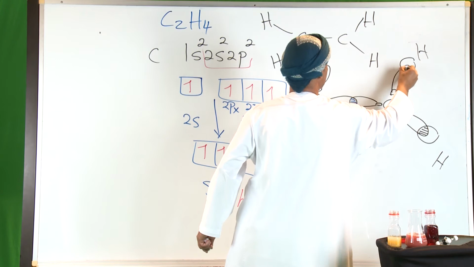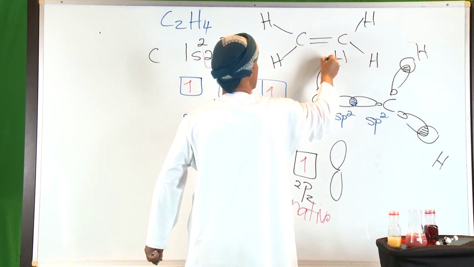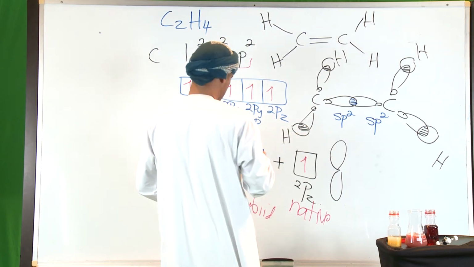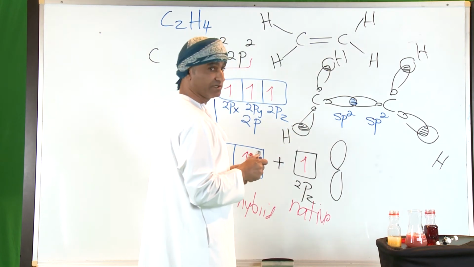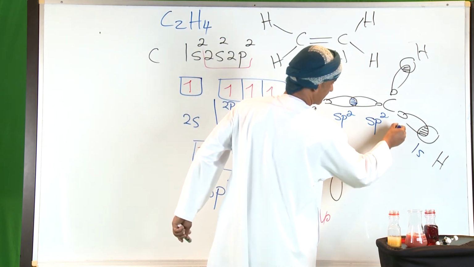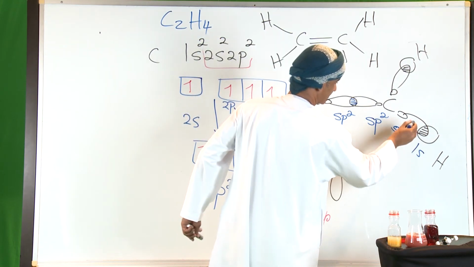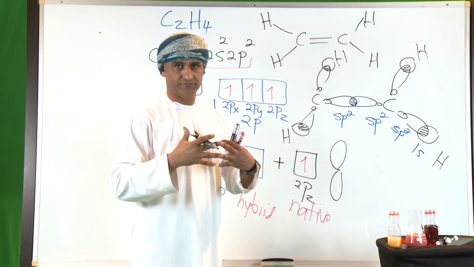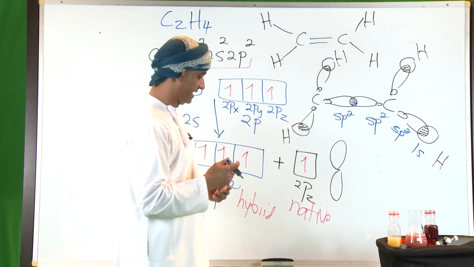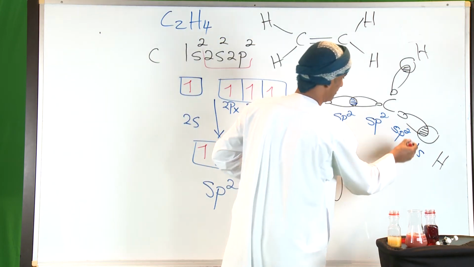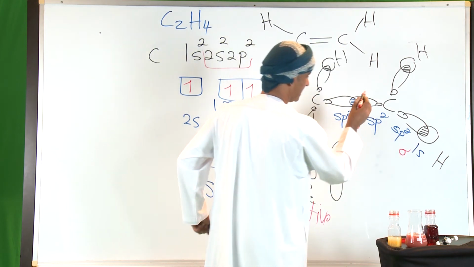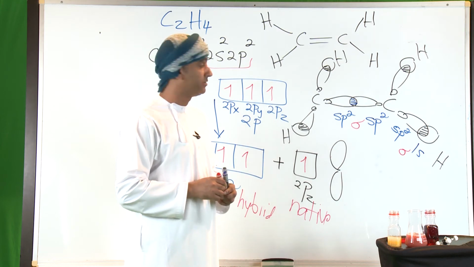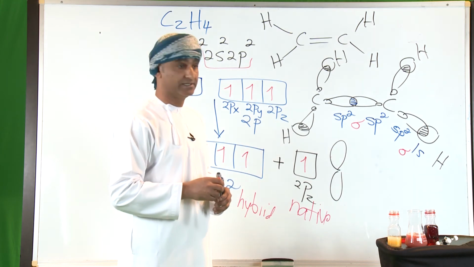That 1s orbital overlaps with the sp2 hybrid orbital from each of these 2 carbon atoms. Again, the 1s orbital from hydrogen overlaps with the sp2 hybrid orbital from carbon in an end-to-end or head-to-head overlap, constituting again a sigma bond. So this is a sigma bond between hydrogen and carbon, and that's a sigma bond between the two carbon atoms, because a sigma bond is formed by head-to-head or end-to-end overlap.